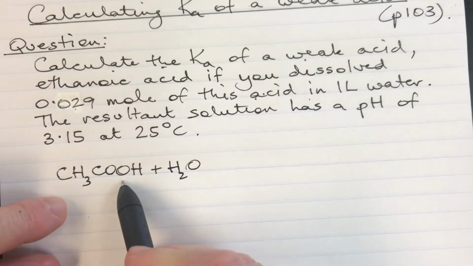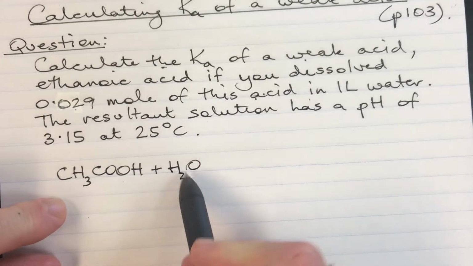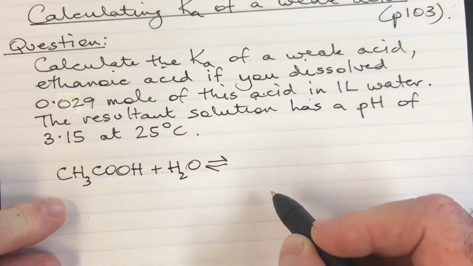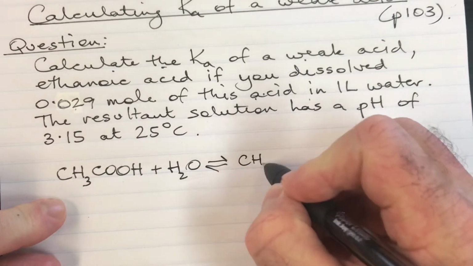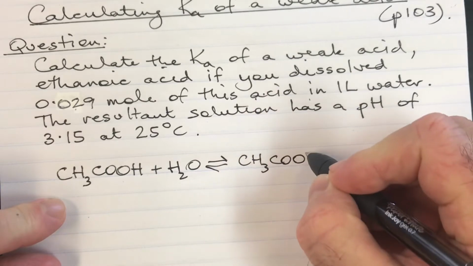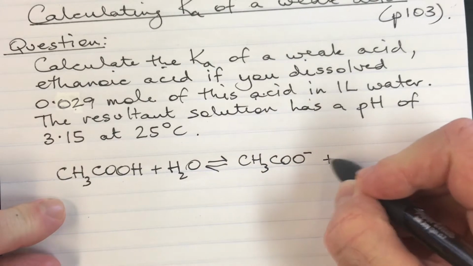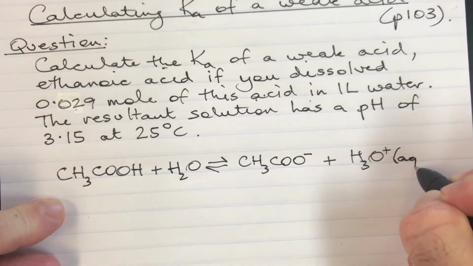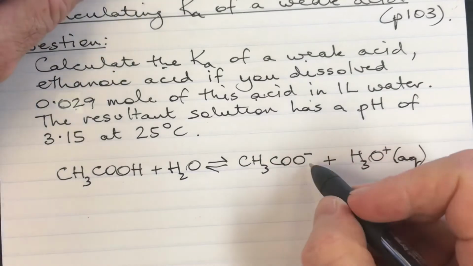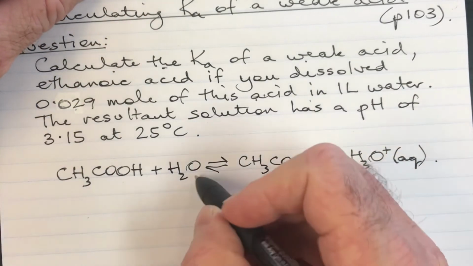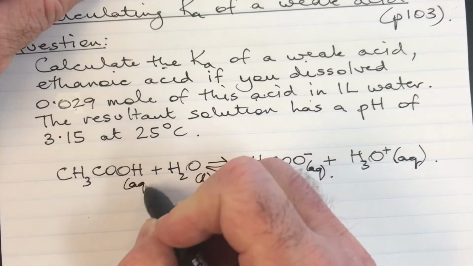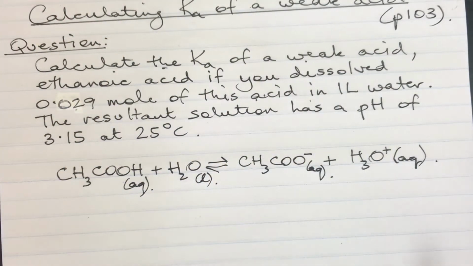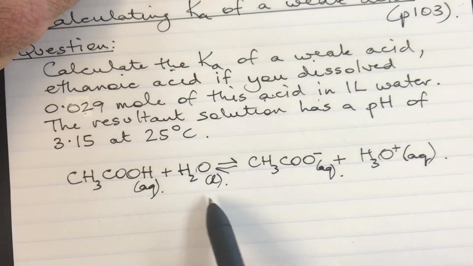So the ethanoic acid is mixed with water, just like the question says, and that's in equilibrium with the ethanoate ion and H3O+. There we go. Don't forget to add those state symbols in brackets in the exam. That's a really important point. So there's our balanced equation.